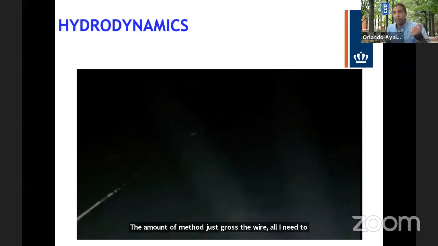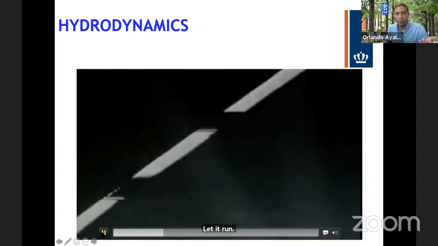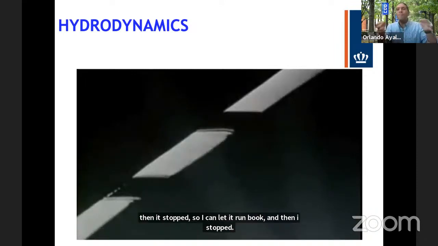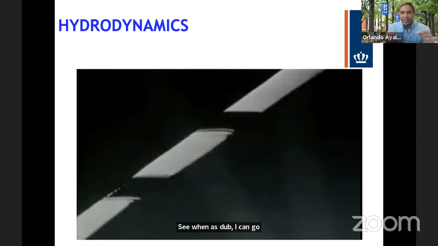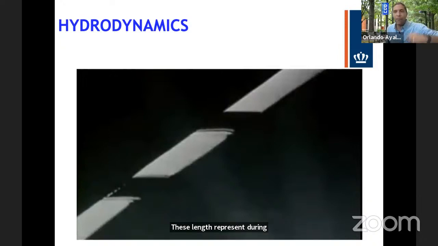I can let it run, and then I stop. When I stop, I can go and measure this length right here. This length represents the amount of water that just passed the wire within 1 second.